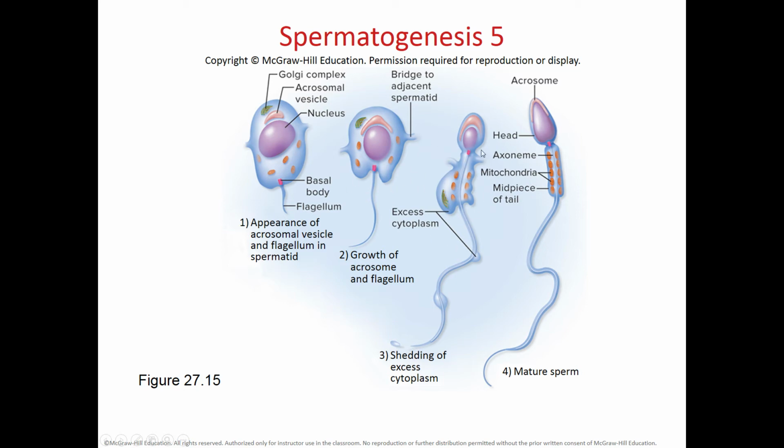spermatogonia into these secondary spermatocytes and then into these spermatids, in which you have the nucleus decreasing its size, and then you have the formation of a structure next to the nucleus that is called the acrosomal vesicles. And these acrosomal vesicles have enzymes that will help to disrupt the surrounding cells of the oocyte so that the fertilization process can happen.